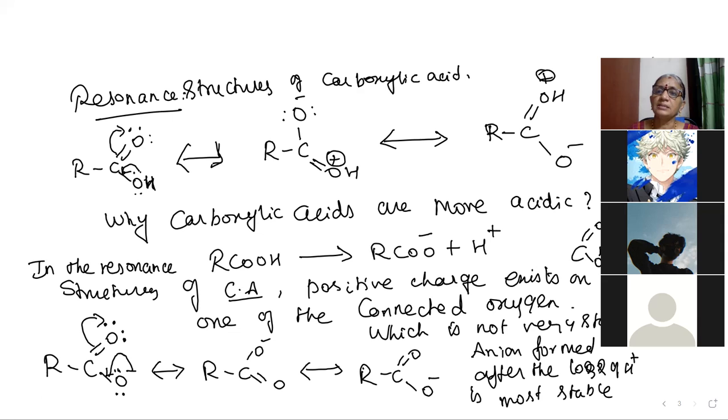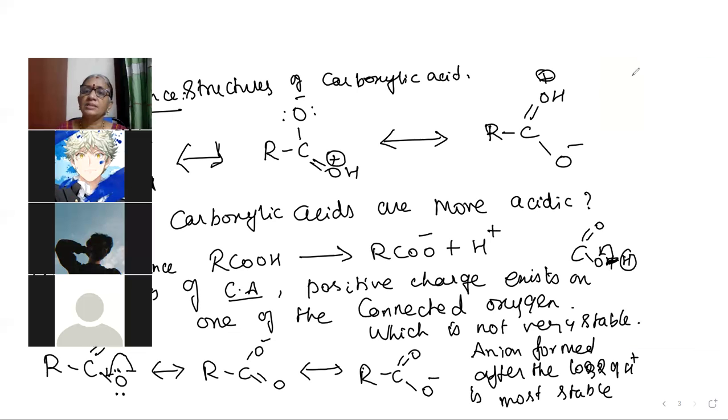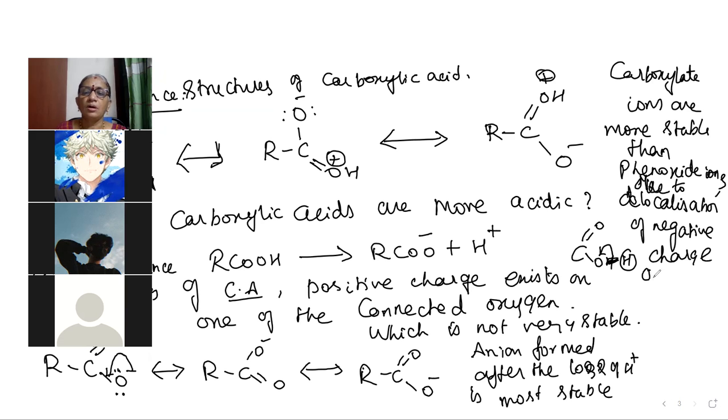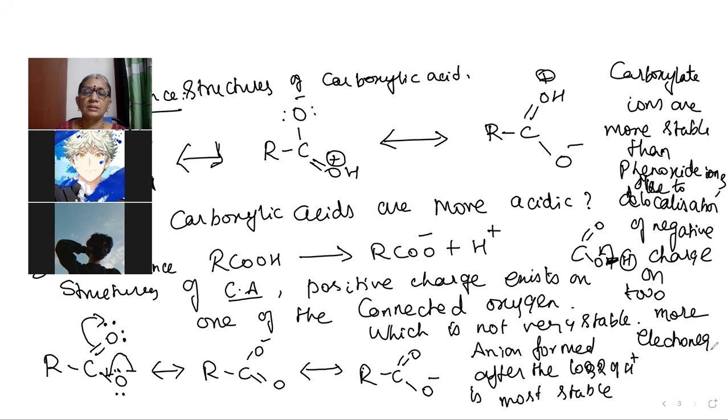One more point you can write: carboxylate ions are more stable than phenolate ions or phenoxide ions, due to delocalization of negative charge on two electronegative oxygen atoms.